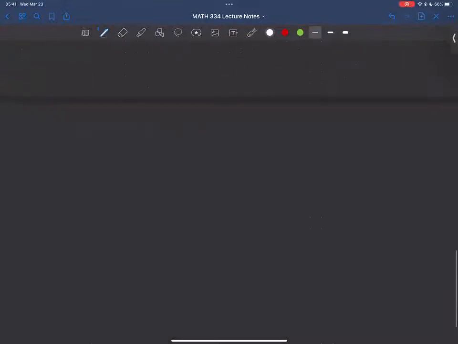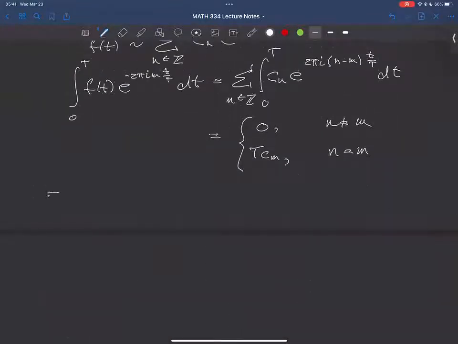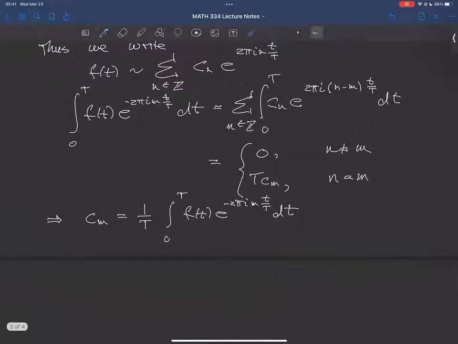And so therefore, this tells you that c_m is equal to 1 over T, integral from 0 to T, f of t, e to the minus 2 pi i m t over T, dt. Okay. Now, you can ask yourself why I put the minus sign there.